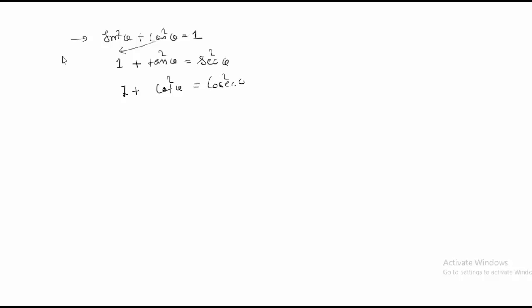Also, if you write it down, it's possible to show that sine square theta plus cos square theta is equal to 1, and 1 plus tan square theta is equal to, if you divide by cos square, sec square theta, and 1 plus cot square theta is equal to cosec square theta.